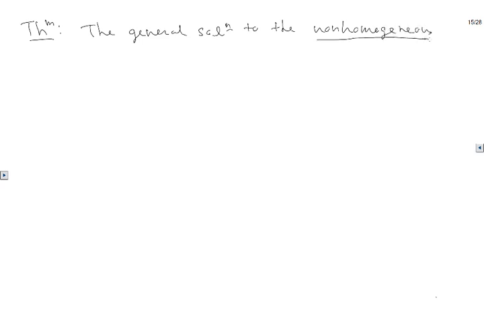So we're going to give this as a theorem. It says that the general solution to the non-homogeneous equation is y(x), which is yc plus yp.